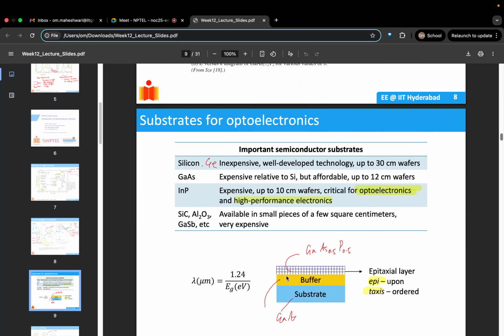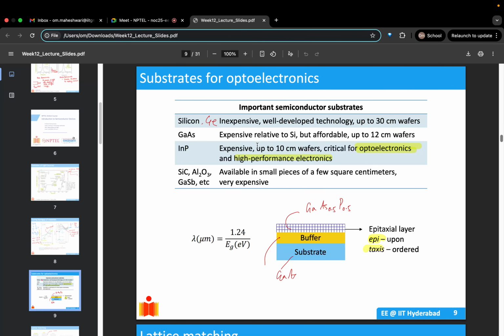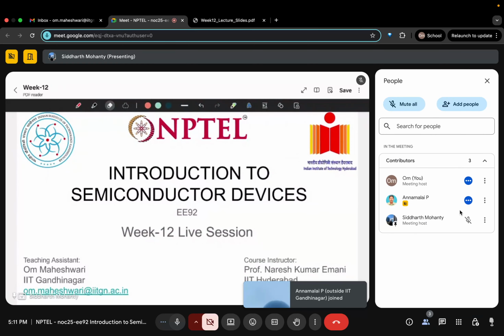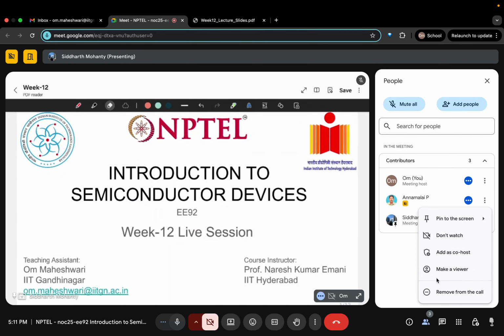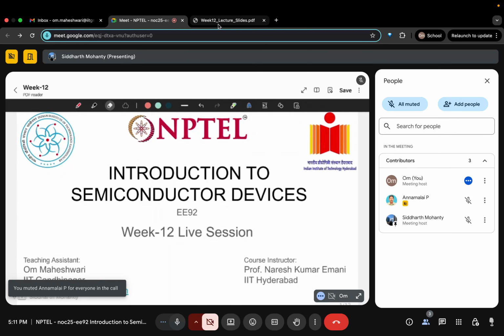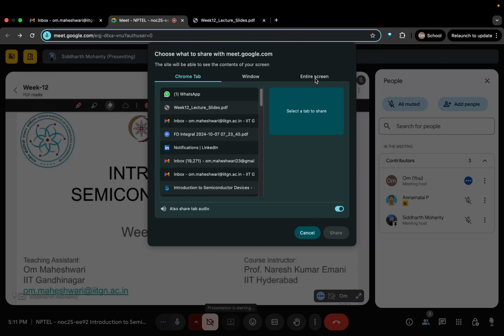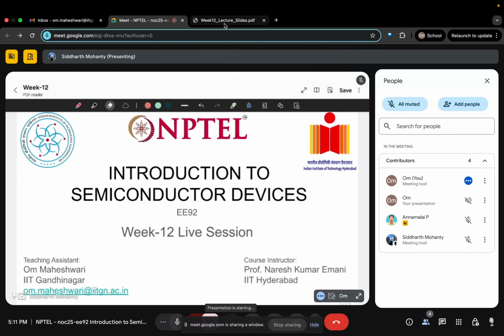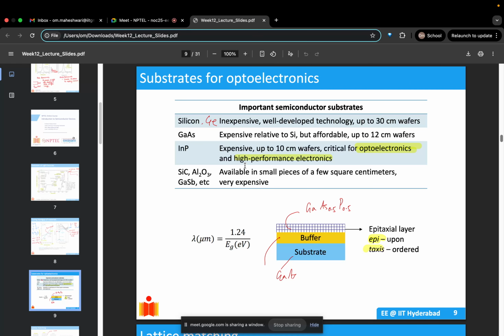There can be different substrates for optoelectronics, as we were talking about.